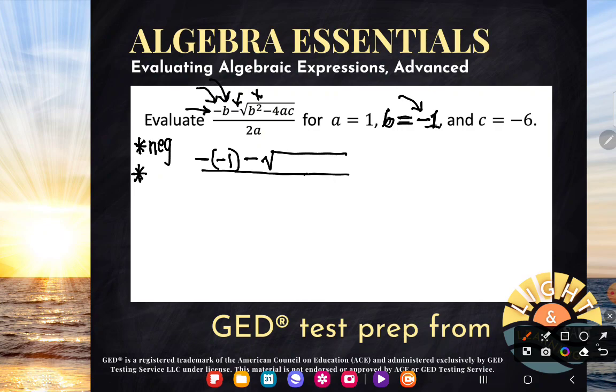It has an exponent, so it's an exponential expression. You must always use parentheses around the negative number when plugging it in to an exponential expression. And notice the negative goes inside and the exponent goes outside. You will get wrong answers if you do not do that.